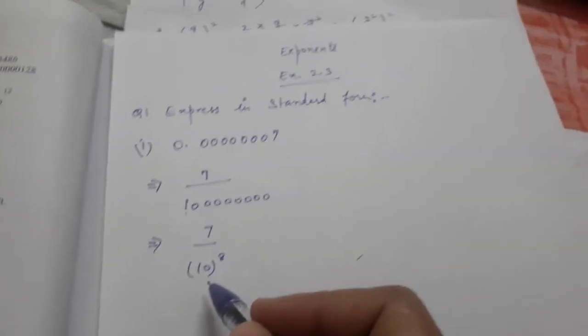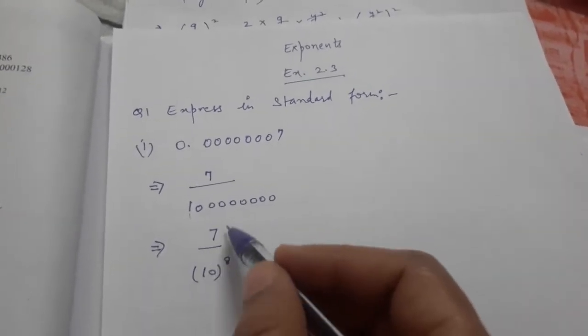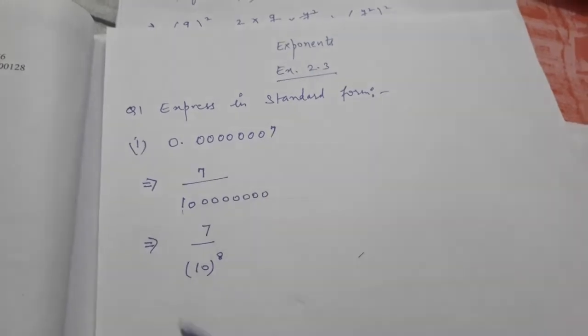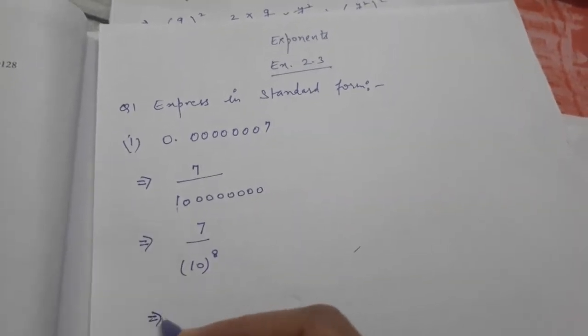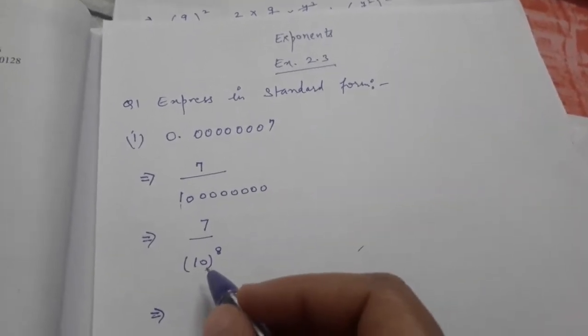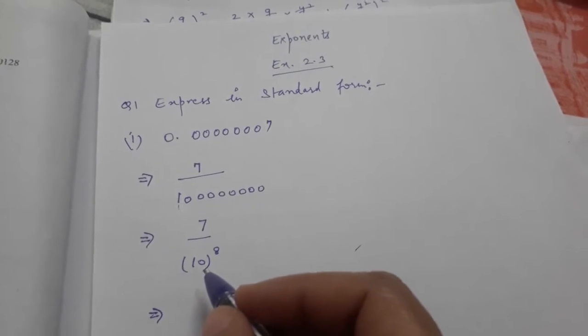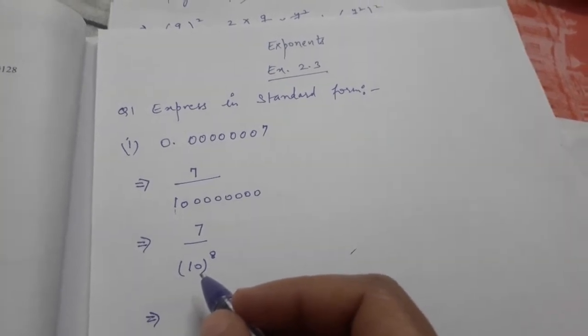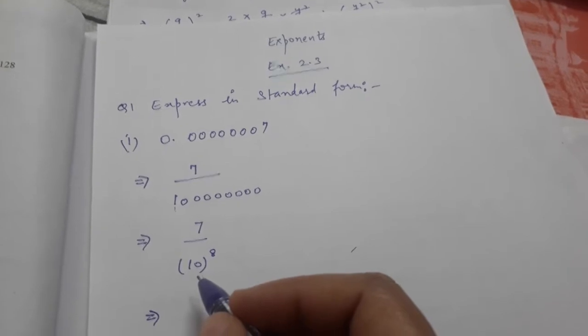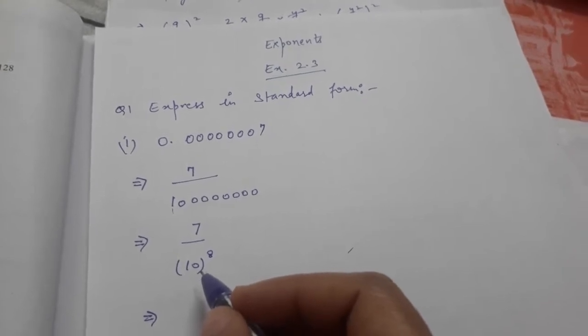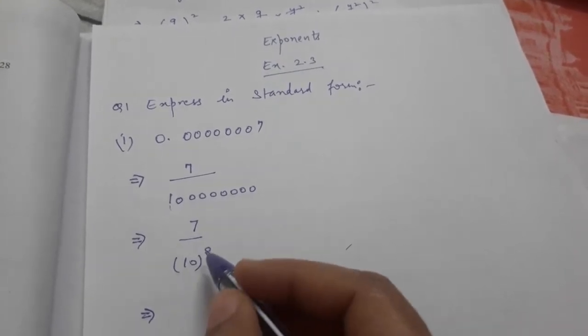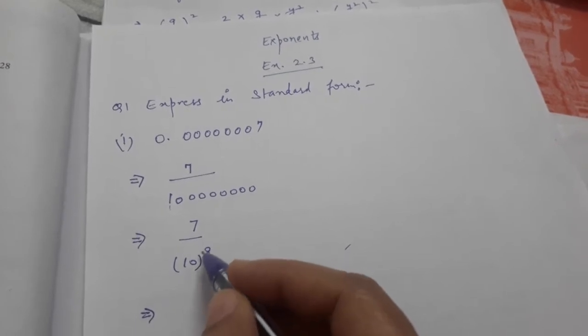So as the number is given in one digit only, how can we write it? As I have told many times, if the number gets reciprocated or the power gets reciprocated, it will turn into the power with a negative sign.